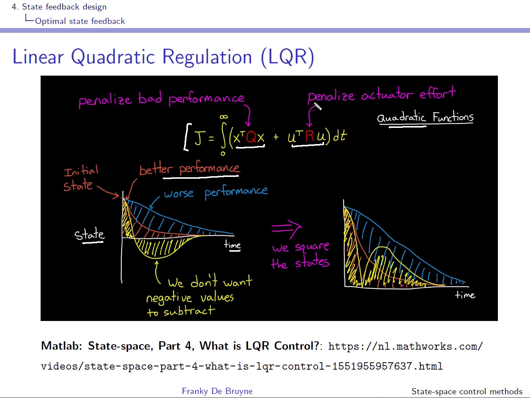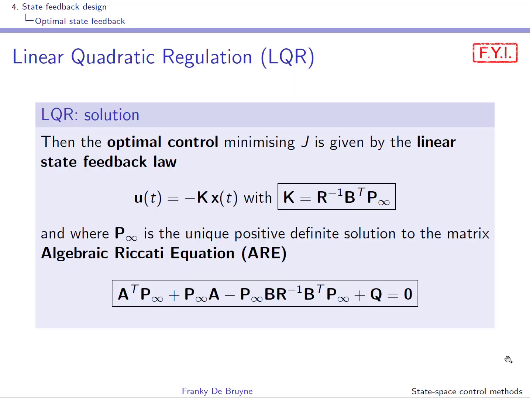Okay, remember that this is the term in which we penalize the actuator effort, and of course we have this compromise, as we will see later in the course. Well, for your information, the optimal control that minimizes the control cost that we have defined previously is a linear state feedback law of the type given here.